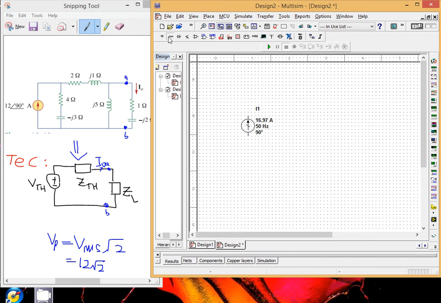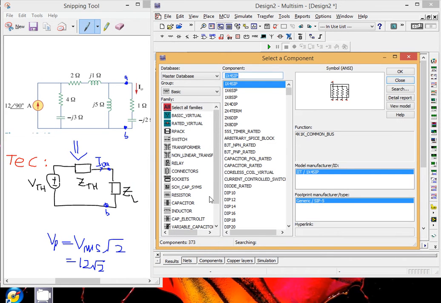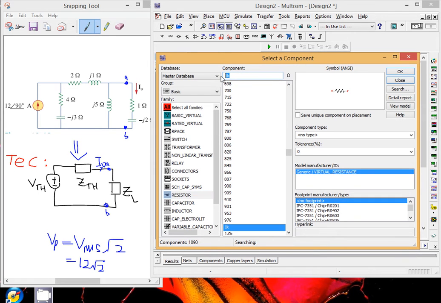So for resistor, capacitor and inductor, you can get from here. You can just change the value to 4.